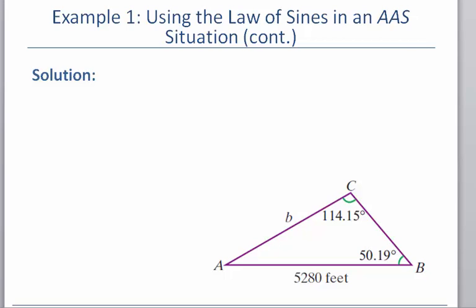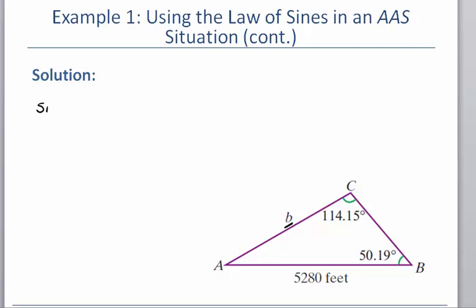Okay, so the first question asked me to determine how far she was from marker A. Remember that that is finding this side B. And so we want to work on that first. All right, we're going to use our law of sines, and we're going to set this up using the ratio that has the B's in it.